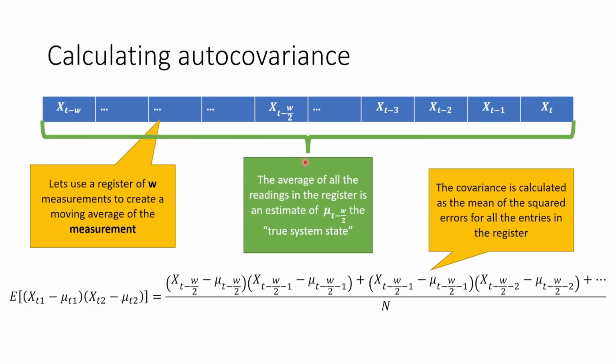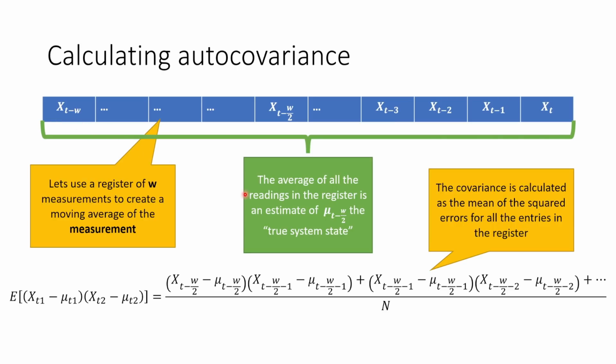And that actually gives us quite a good estimate of the position in the middle of the register in terms of time. So let's say this is time 0 and this is 10 seconds ago. Well, if we average all of the positions between now and 10 seconds ago, that's probably a pretty good estimate for where the car was 5 seconds ago.